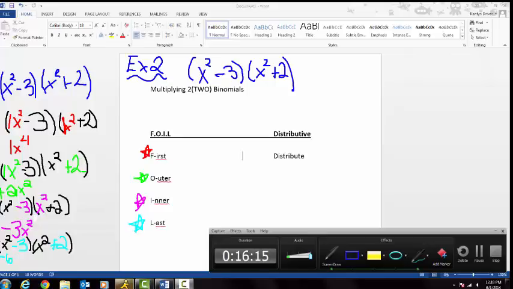So then you're going to put all of these together and you're going to get x to the 4th power plus 2x squared minus 3x squared minus 6.